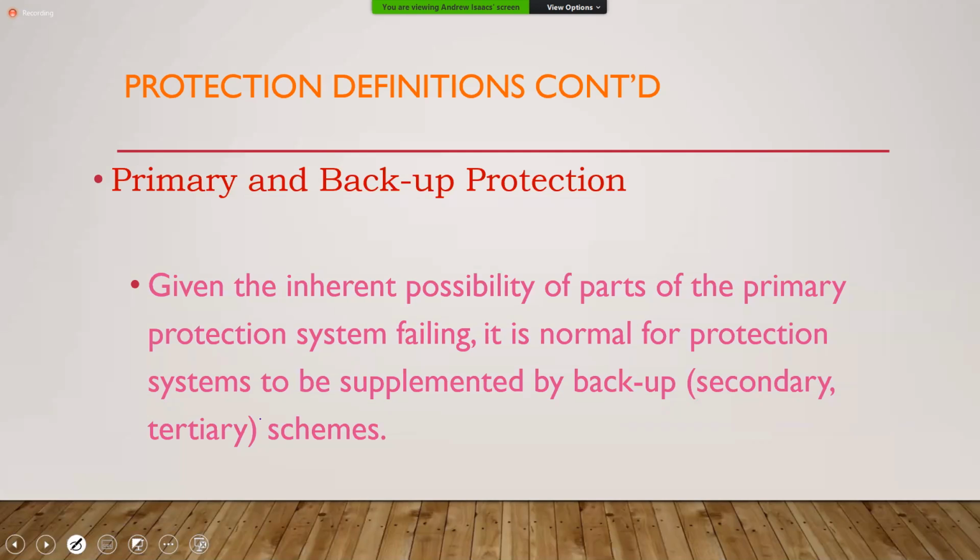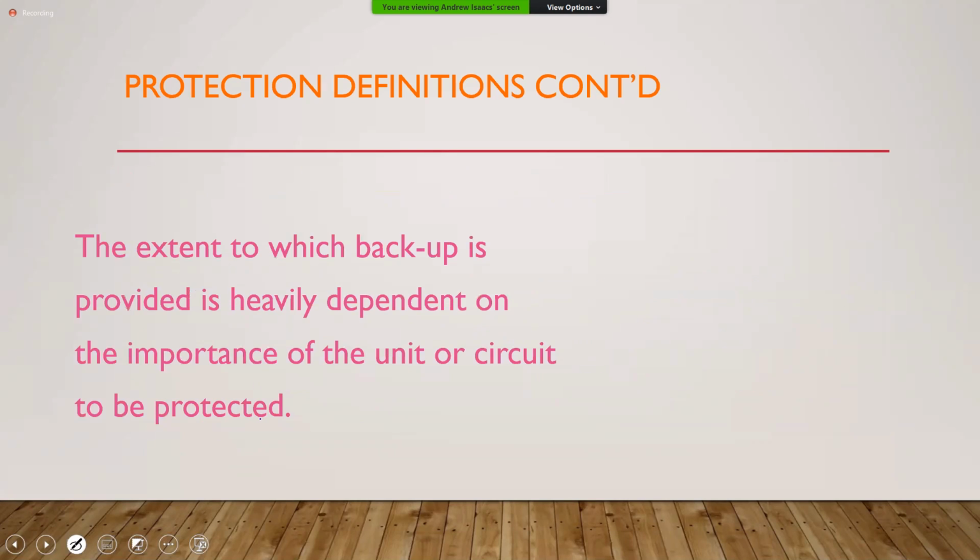And we need to also make the point that, depending on how important the circuit is, that will dictate whether or not you do secondary or tertiary. Right? I may have said this to you, but there is total redundancy of the transmission network in the UK.